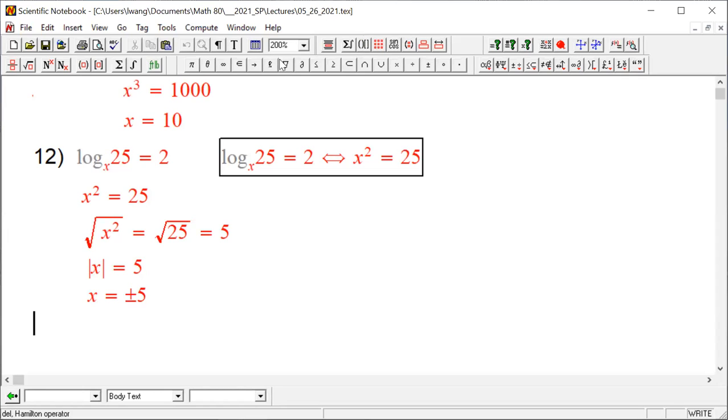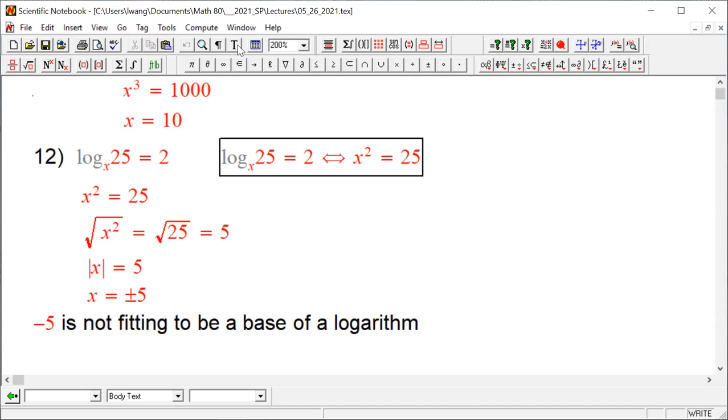Okay, but remember our base has to be larger than 0, not equals to 1. Therefore, -5 is not fitting to be a base of a logarithm function.